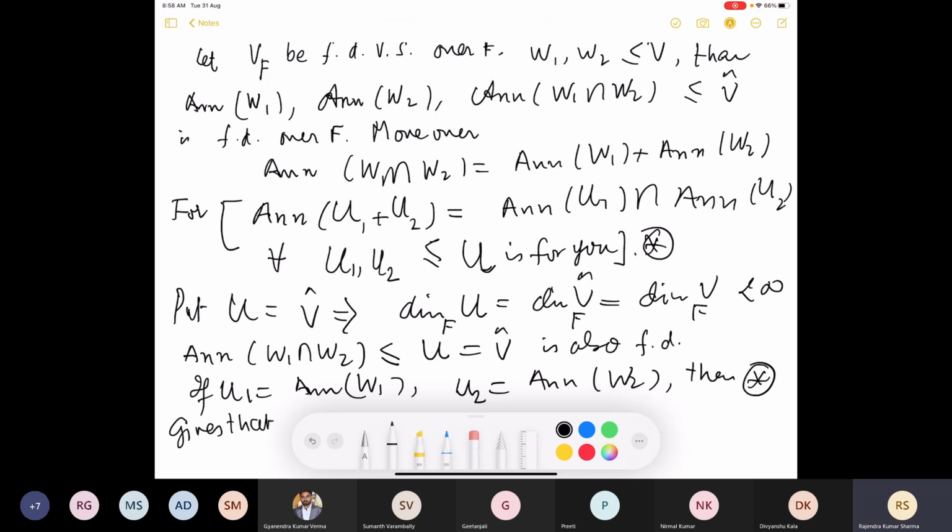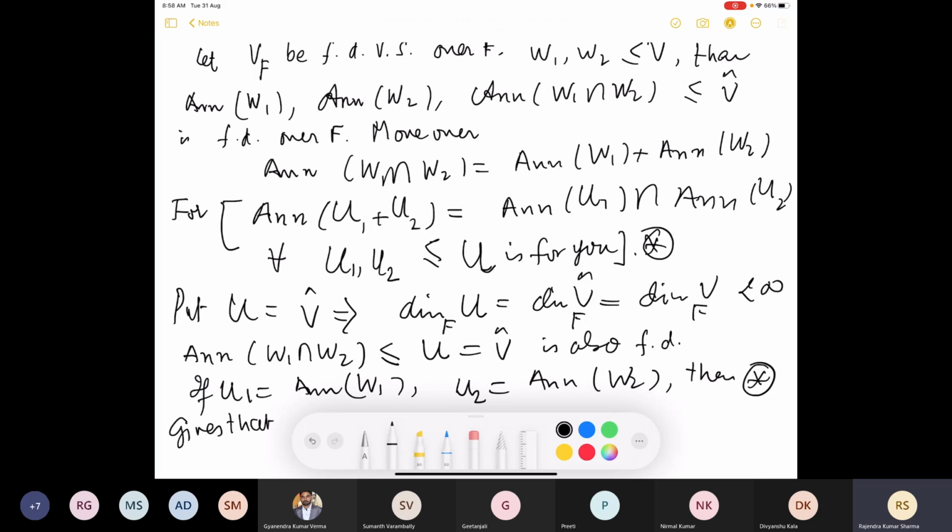So the annihilator of U1 plus U2, that means the annihilator of the annihilator of W1 plus the annihilator of W2, is the intersection of the annihilator of U1 and the annihilator of U2.